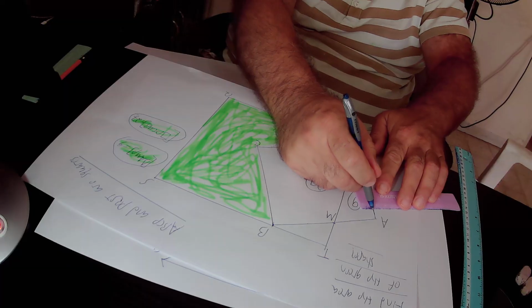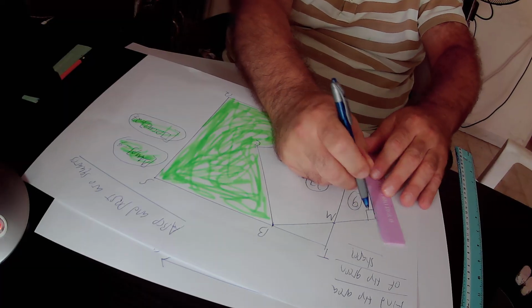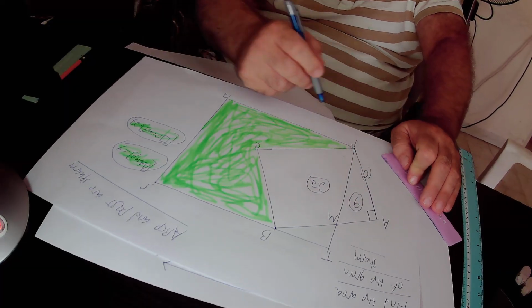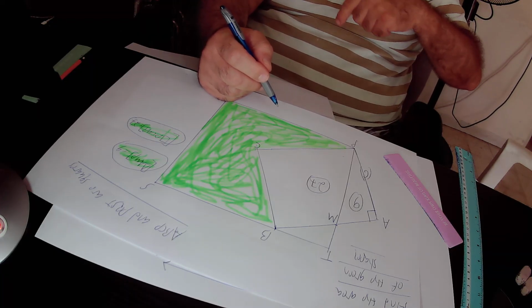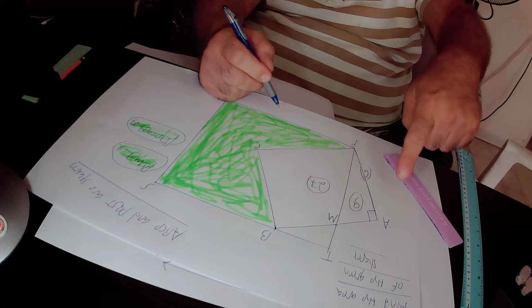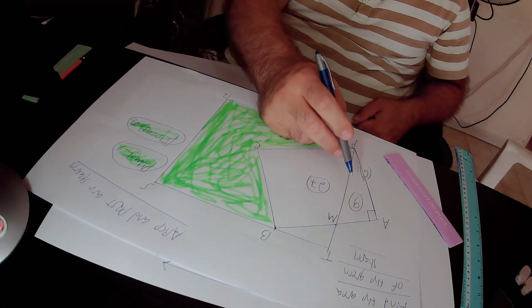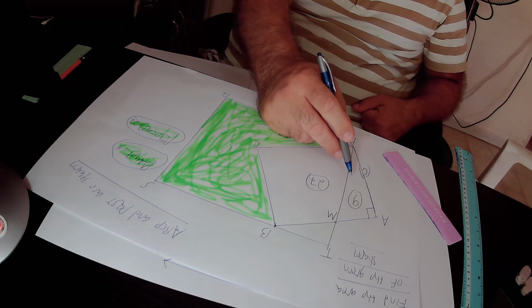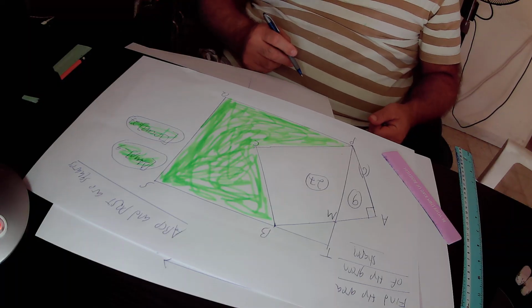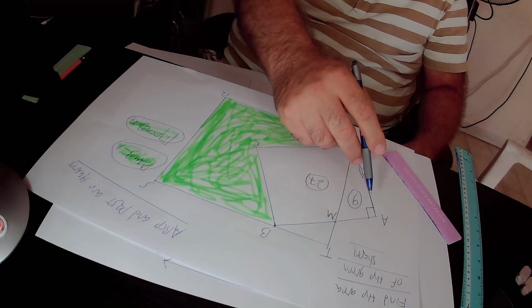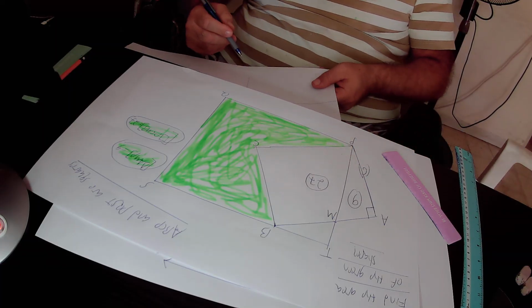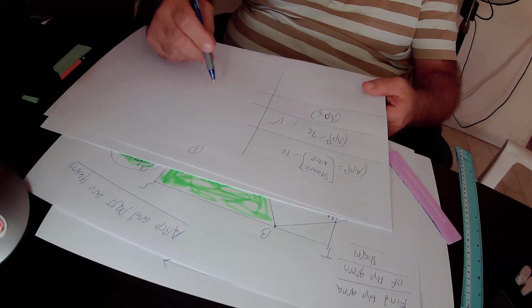So triangle AMP is a right triangle, and from one side, the area of the right triangle AMP equals 9 square units in its size.